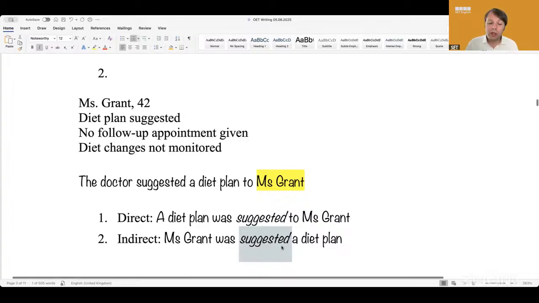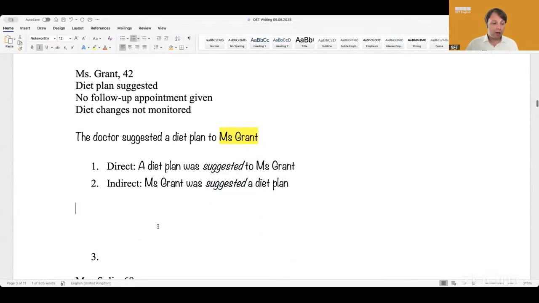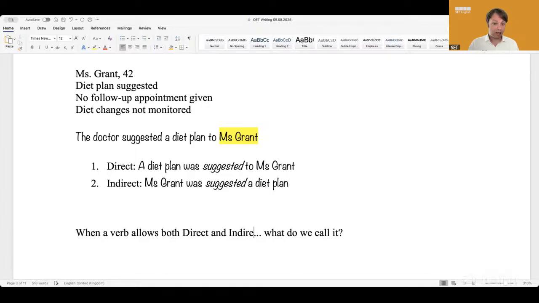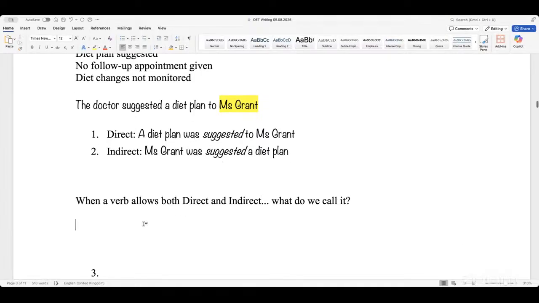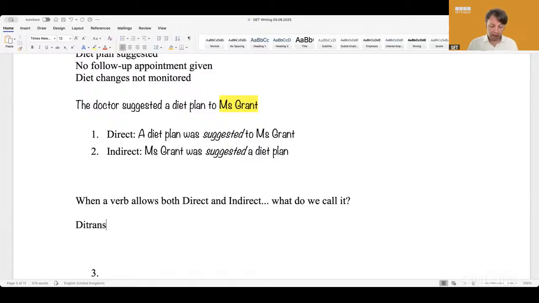So what do we call it when a verb allows both? I'm sure not many people will know, but maybe you guys are studying grammar. Okay, guys, it is called ditransitive verbs.